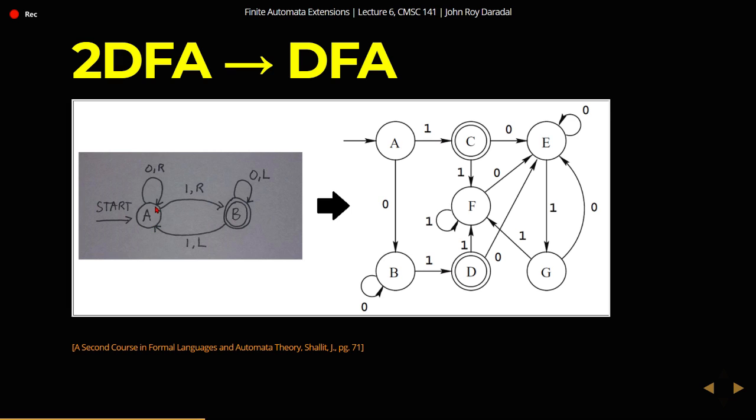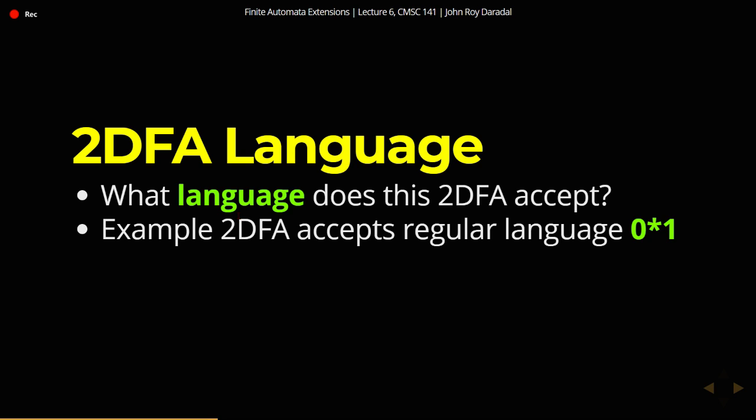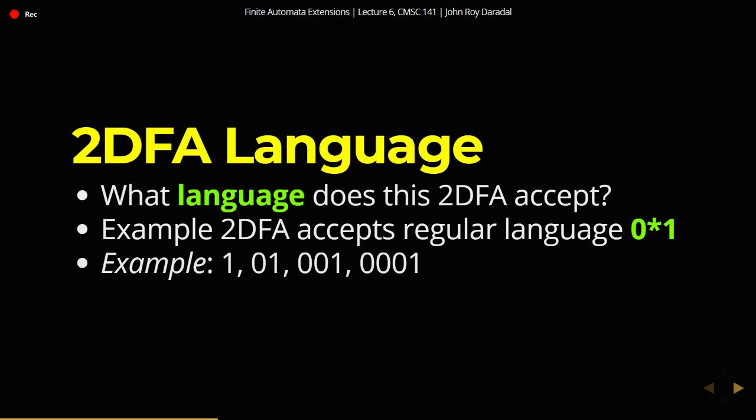But you could take as many zeros as you want and then have the last one be the transition that allows you to go to the final state B. So this 2DFA accepts the regular language 0 star 1, and other strings that are accepted are 1 and 0 1. So the 0 0 1 was the example that we saw earlier. You could also use other strings. Okay, so that's it for 2DFA.